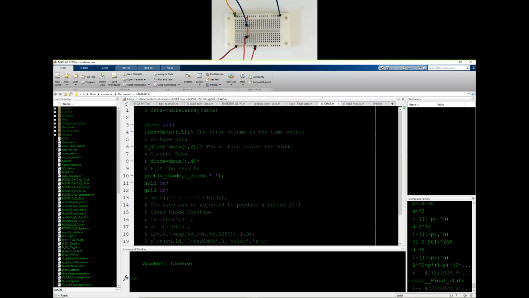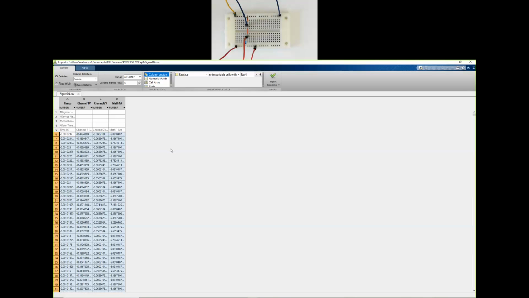So when I said import, it fired up this import wizard, and it is saying that I can import all this data for you as a column matrix. I can actually select numeric matrix because I'm going to separate them out as data for each column.